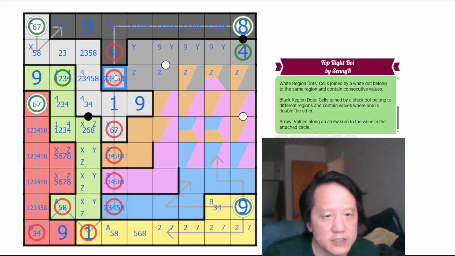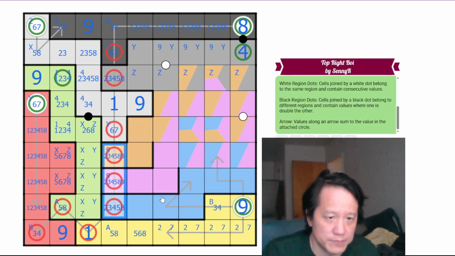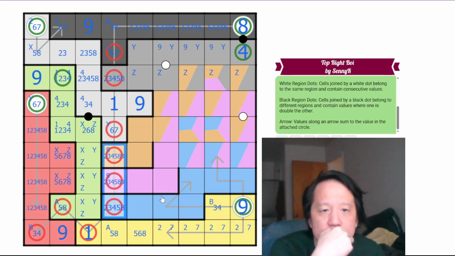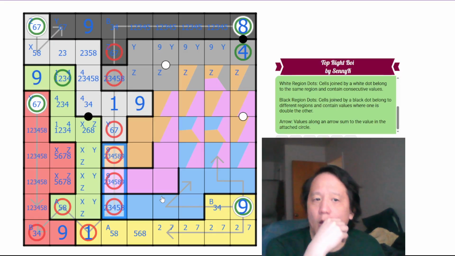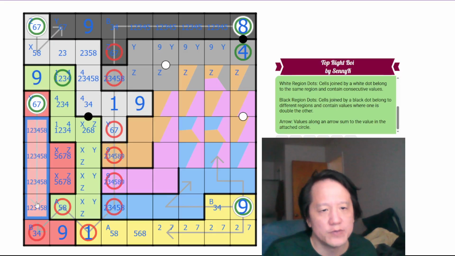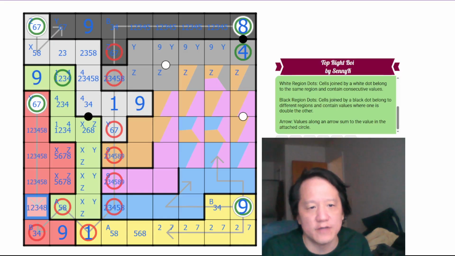So X has to be one of these. Really, one of these 4. A has to be one of these 4. Cannot be here. So this is not 5 or 8.